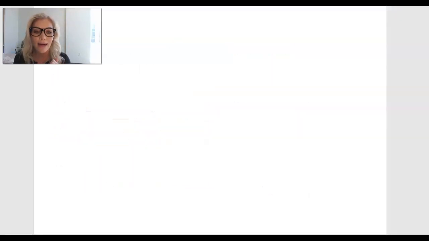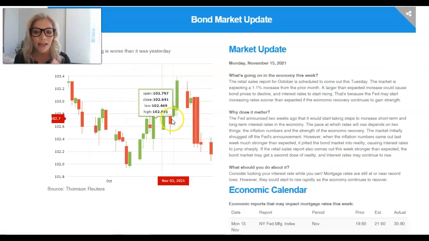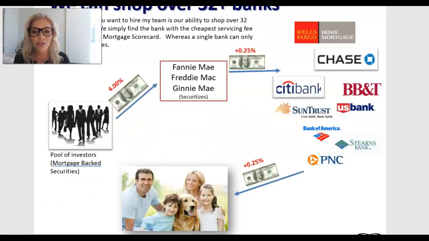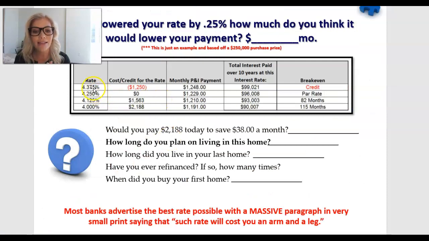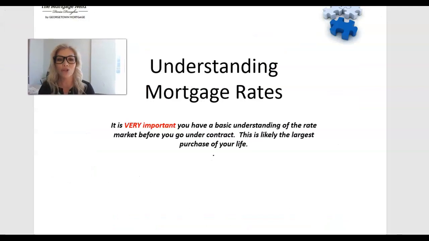So if you remember back in this chart here, what this is based off of is essentially how the bond market is performing. So it's so important that you work with a mortgage advisor. It's so important that you're analyzing what the change in the rate really does to the monthly payment, and how much it costs me for that rate.